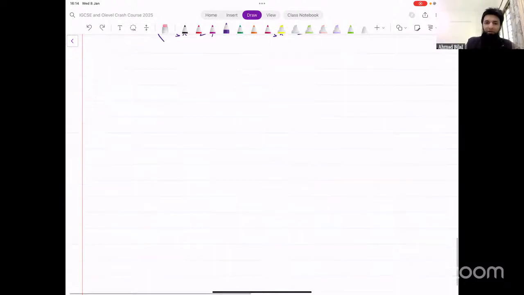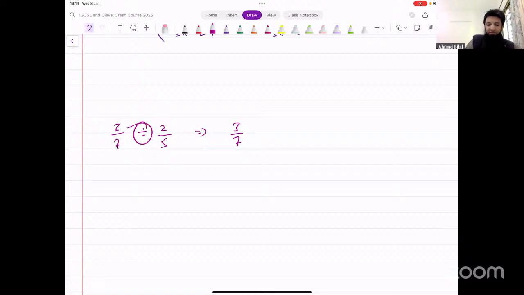What about division? If you've got a division problem, for example, if you want to do 3 over 7 divided by 2 over 5, how is this going to work? You basically convert it to a multiplication problem like this. If you change this division sign to a multiplication sign, you can take the reciprocal of this.